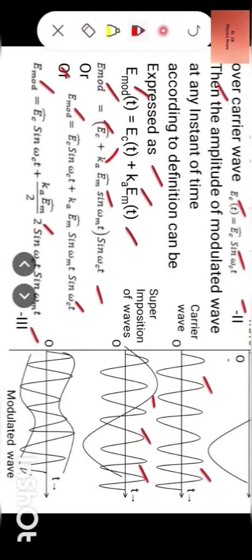So here we have multiplied the second term by 2 and divided by 2. Okay, so it hardly matters. So this is the modulated wave where we can estimate the variation in amplitude of the carrier according to instantaneous amplitude of modulating signal.